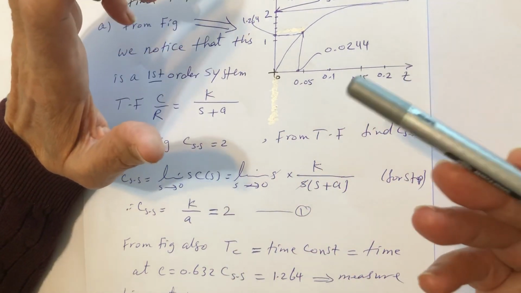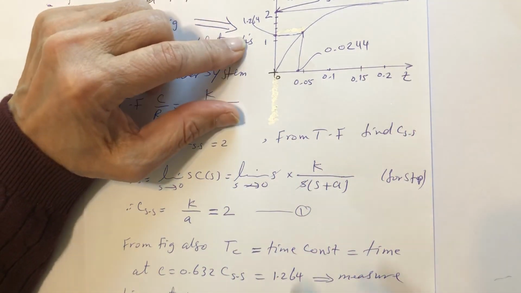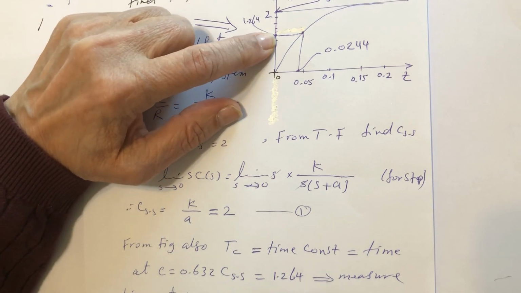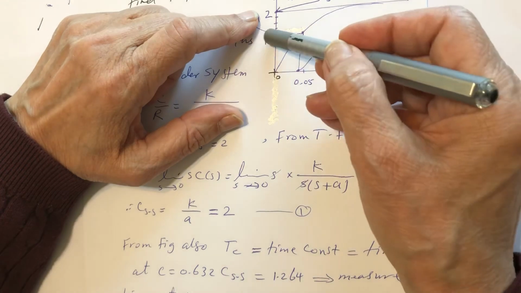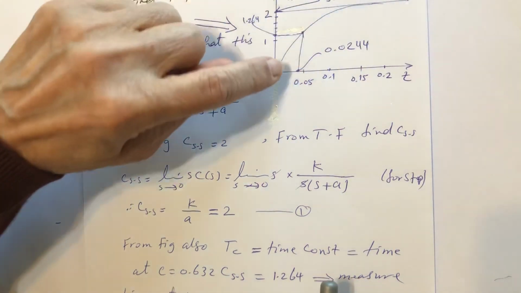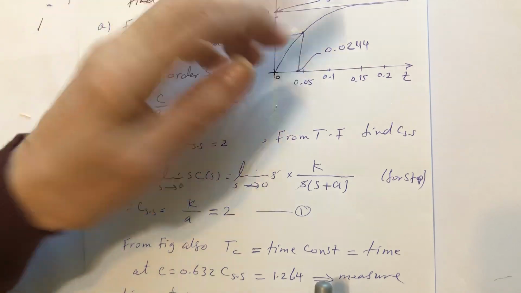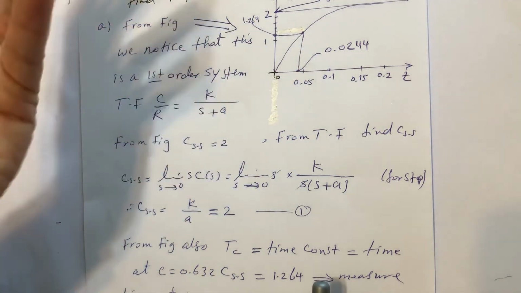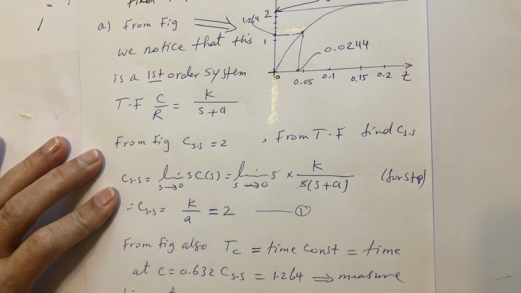Actually, this is 0.0244. It's too near to 0.05, so maybe you can argue this is not 0.0244, but it's just a figure. I'm showing you the procedure.